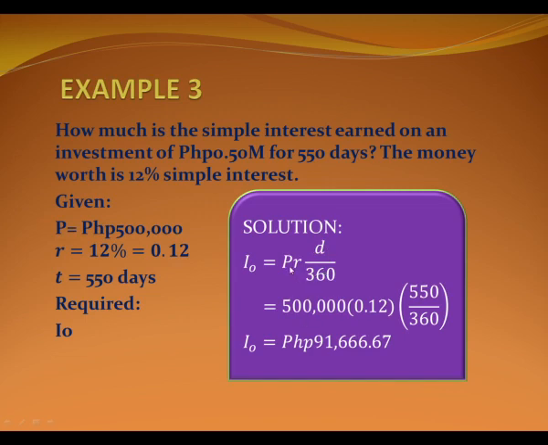So similarly, we substitute the given: 500,000 for the investment, and the rate of interest is 12%, so this is 0.12. And then the number of days is 550, to convert into years, divided by 360 for ordinary interest. So we have ordinary interest here as 91,666.67 pesos.